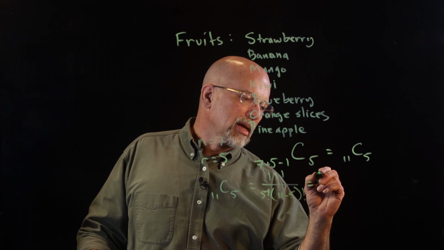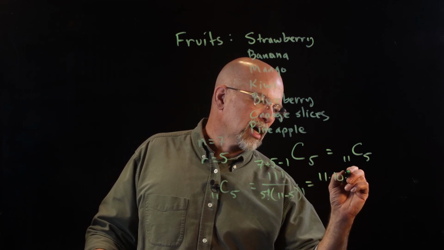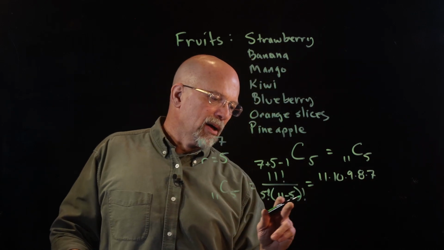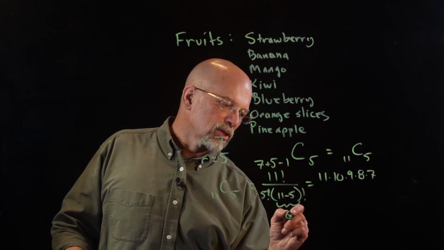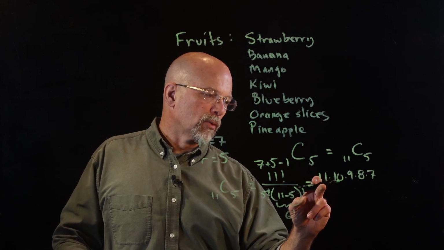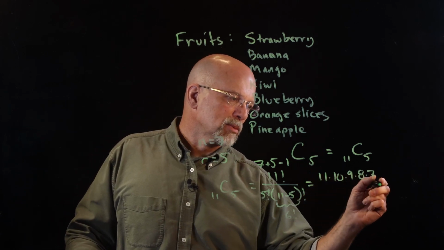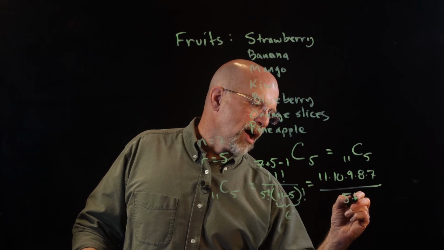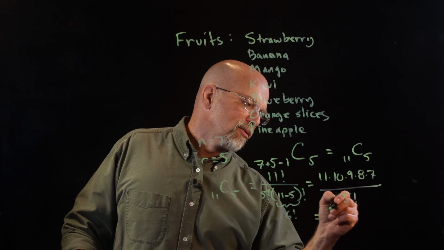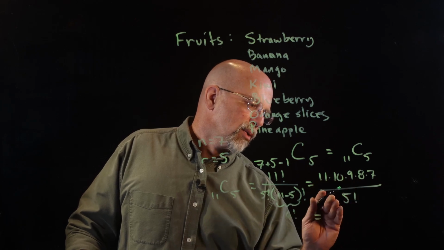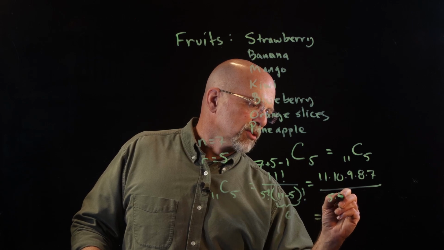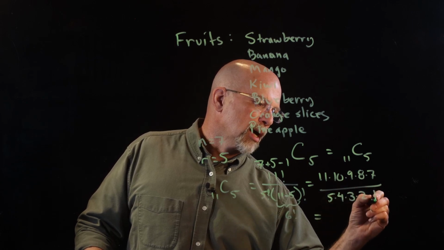And so this is going to give me 11 times 10 times 9 times 8 times 7. This guy right here is equal to 6 factorial. So when you divide 6 factorial into 11 factorial, you're left with 11 times 10 times 9 times 8 times 7. And then we're going to divide by 5 factorial. 5 factorial is just equal to 5 times 4 times 3 times 2 times 1.